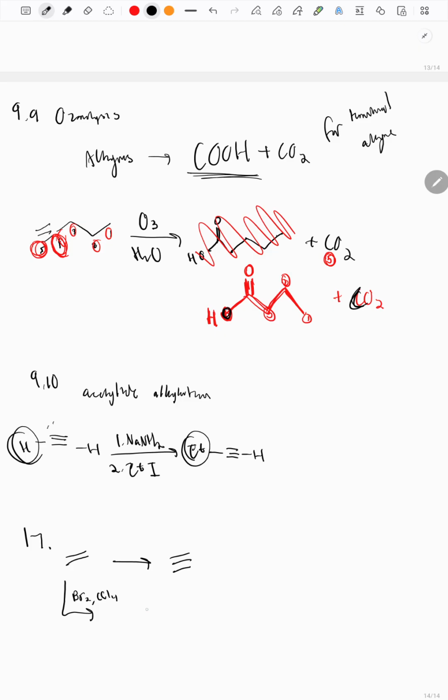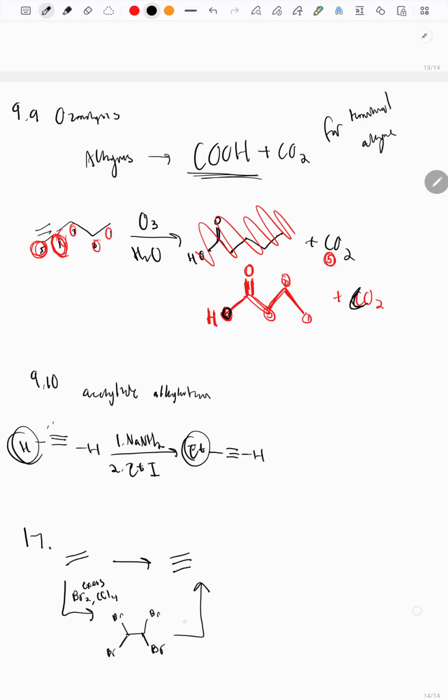Because if you think about it, if we do this, we get, and if we do excess bromine, you get Br, Br, Br, Br. How do we go forward?